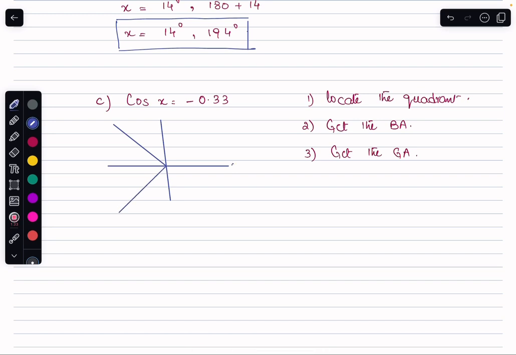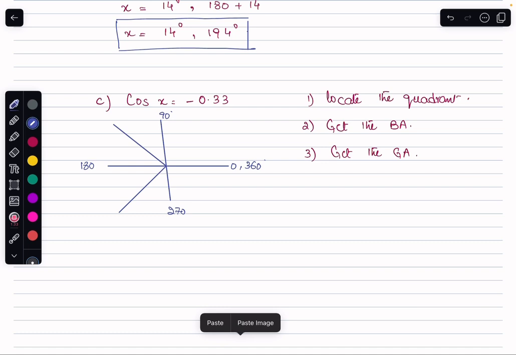So this is how my axes are going to be, and in the second and third quadrants I should be locating this rotation because our cosine has a negative sign. First step is done.